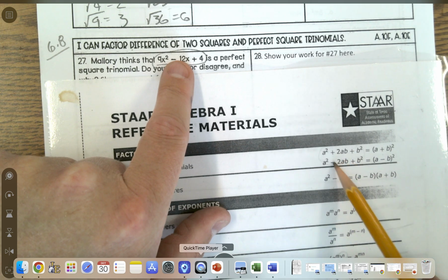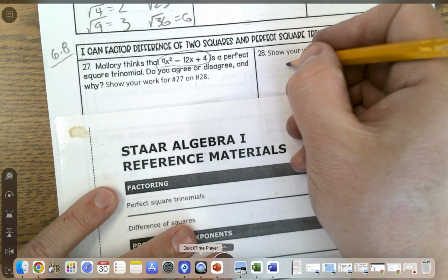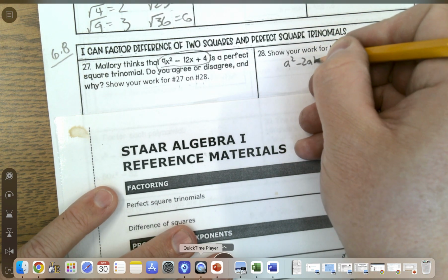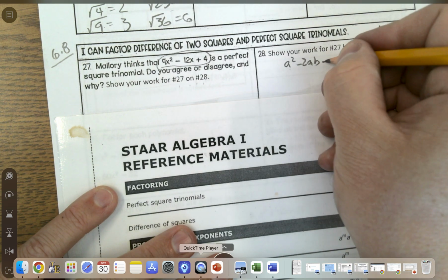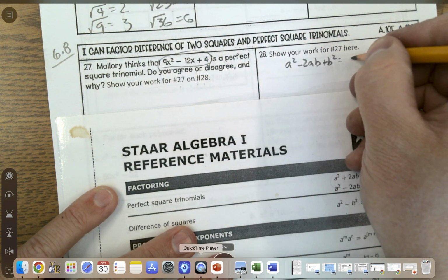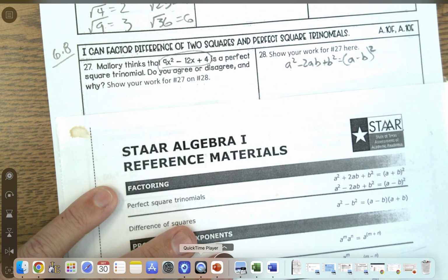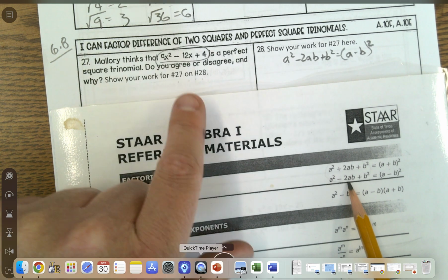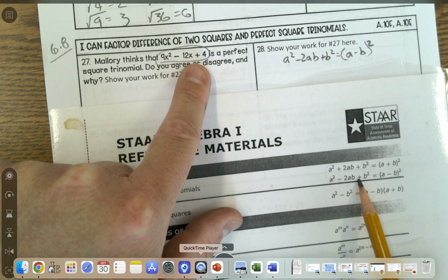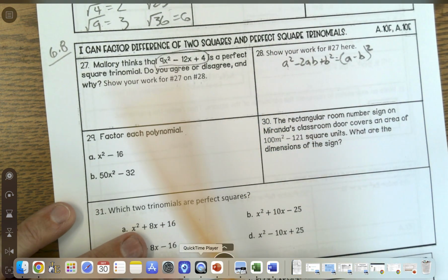I'm going to write a squared minus 2ab plus b squared and see if that equals a minus b squared. I'm writing this bottom one because it has a negative and a positive in it. So far, it's looking like Mallory might be right because this equation kind of matches.